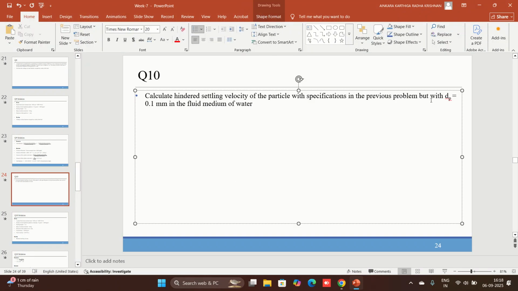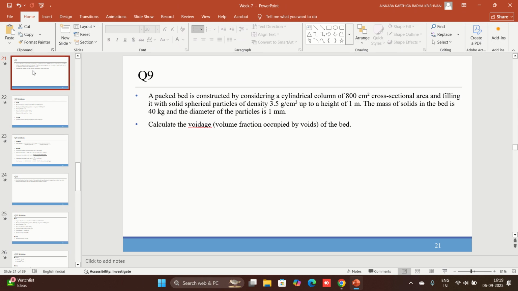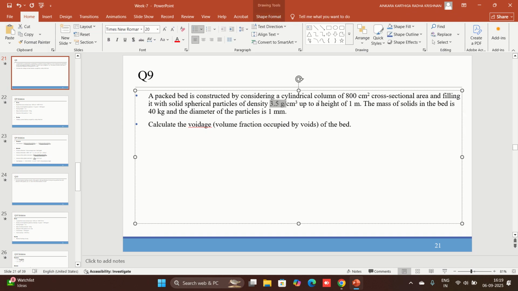So in the previous question, what was asked? A packed bed is constructed by considering a cylindrical column of 800 centimeter square cross-sectional area and filling it with spherical particles whose density is this, up to a height of 1 meter, and mass of solids in the bed is 40 kg and diameter of particle is 1 mm. And we were asked to find the void fraction.